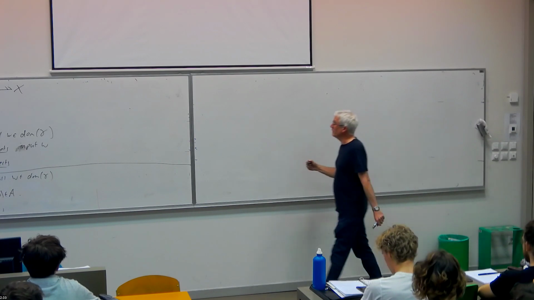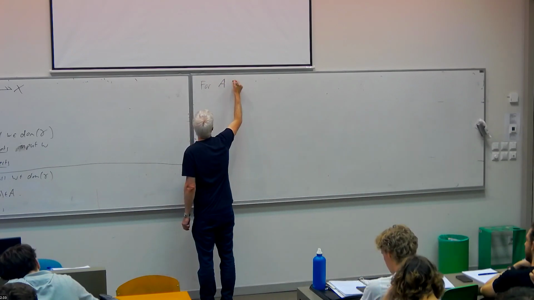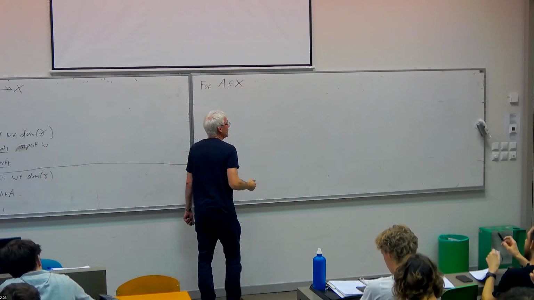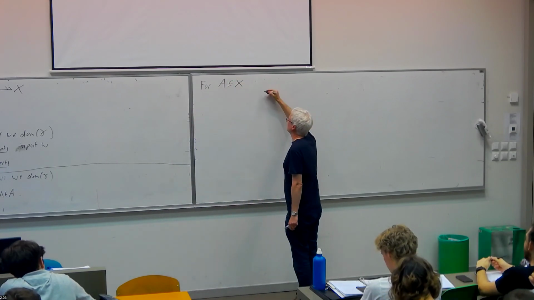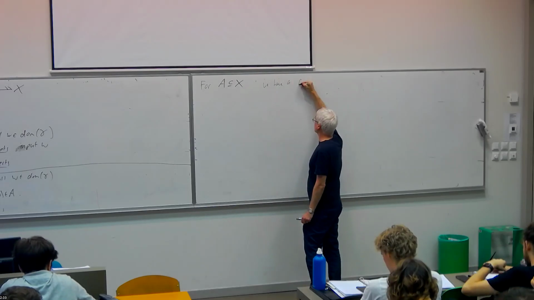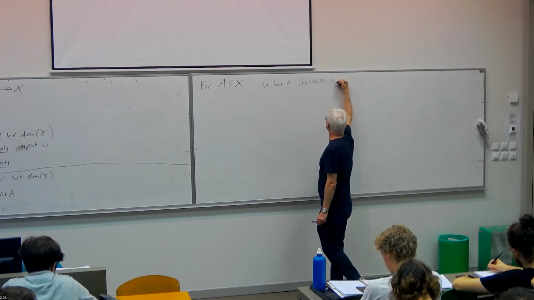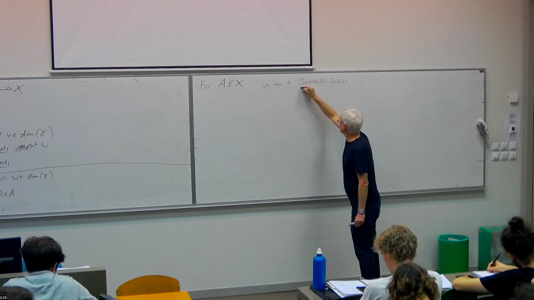So we remember, for a subset A in X, we have a characteristic function, also sometimes called an indicator function.